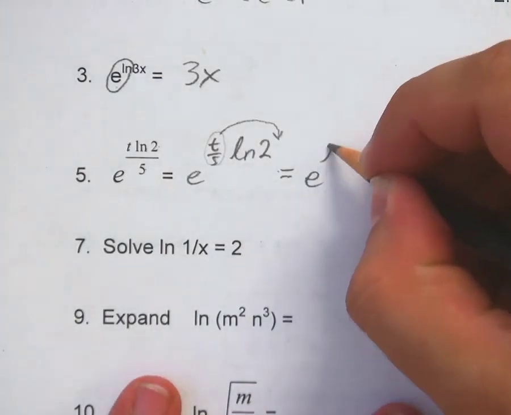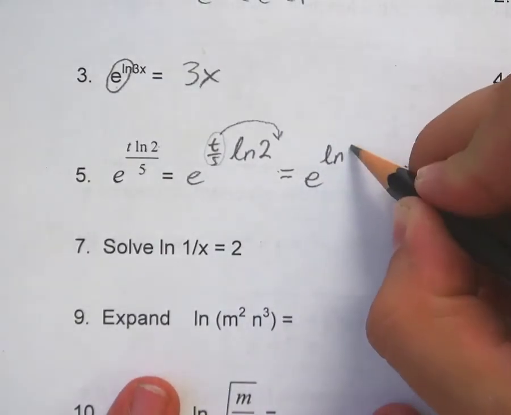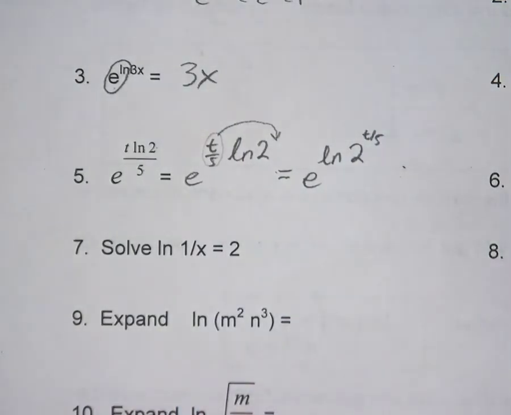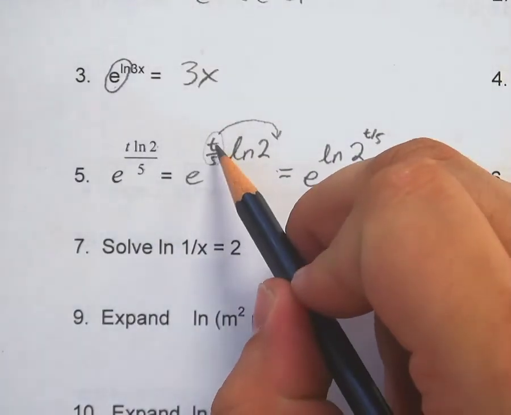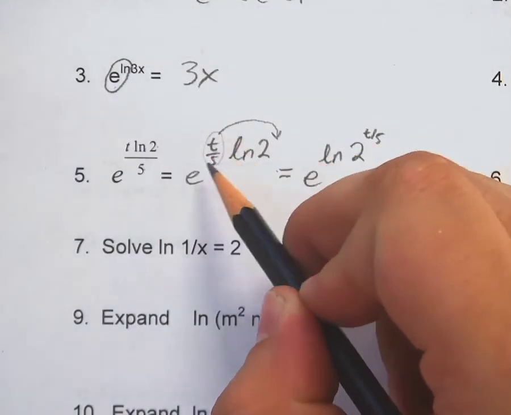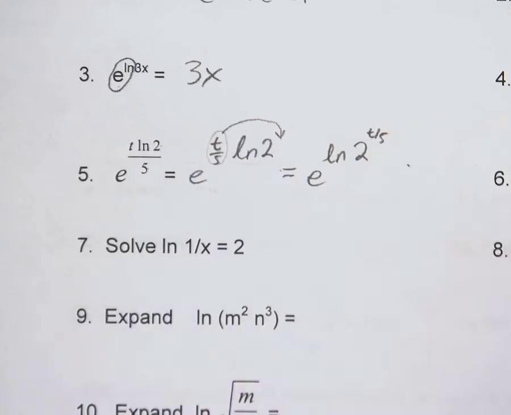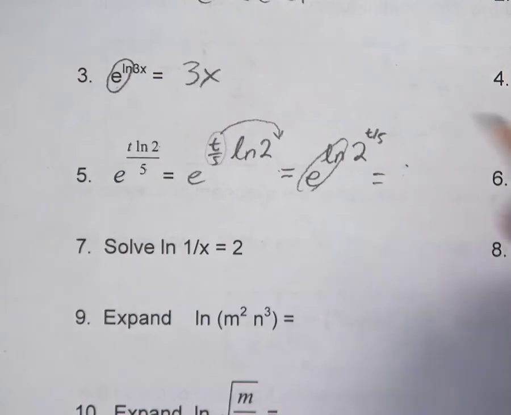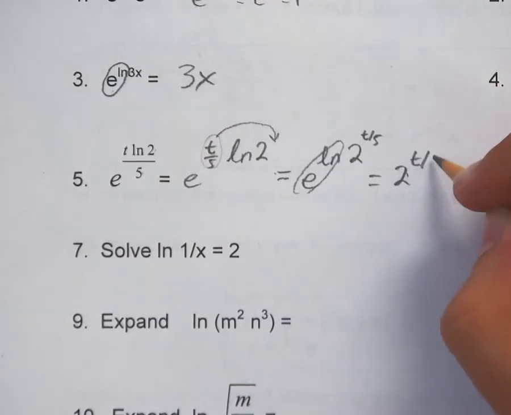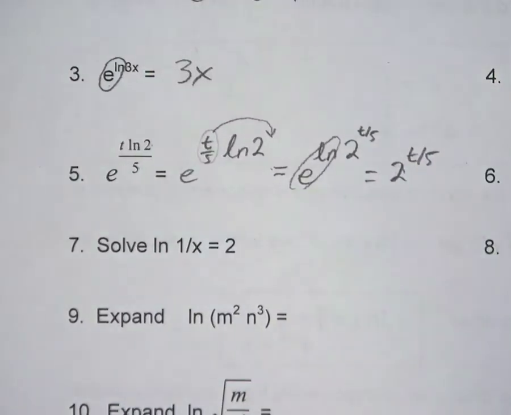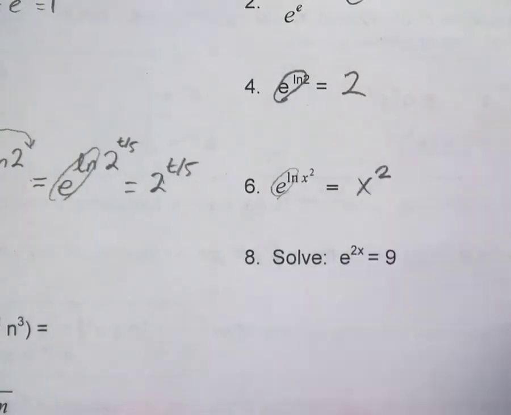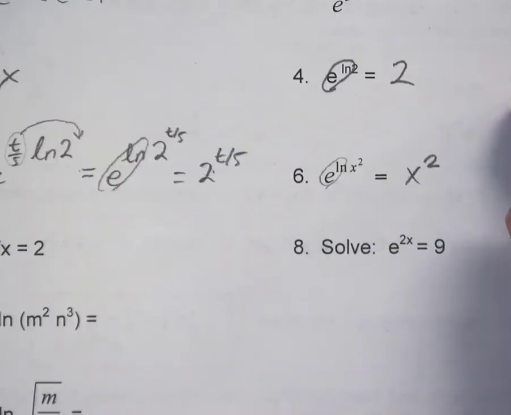That'll be e to the natural log of 2 to the power of t over 5. Remember, this is a property of logarithms, that I can take this number in front of the log and make it an exponent of my main number. So e and ln will cancel and leave you with 2 to the t over 5. E to the ln of x squared is just x squared. Those are easy. Love them.